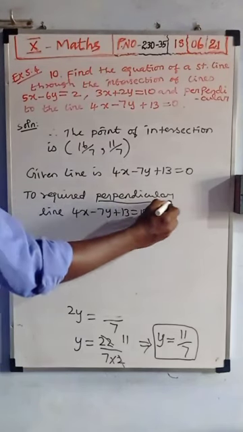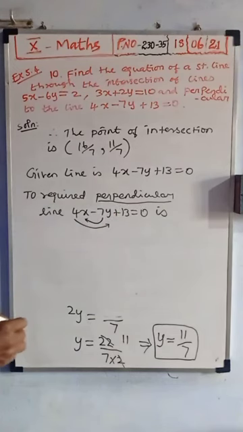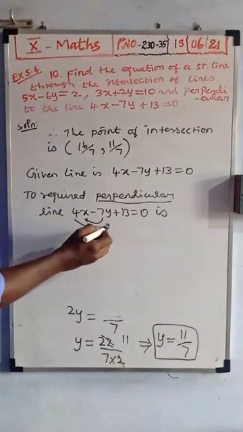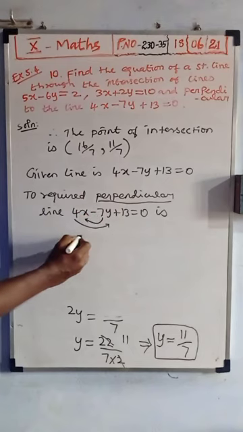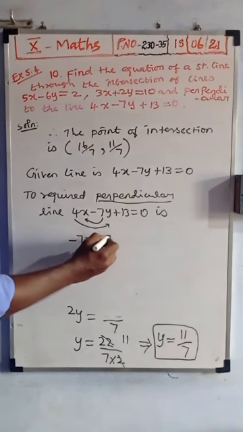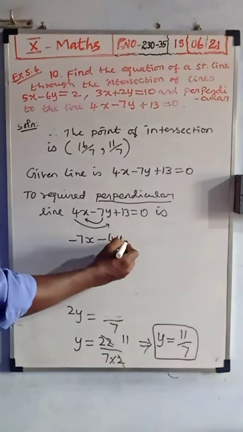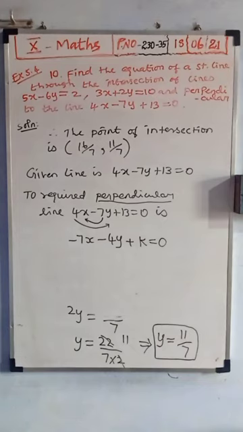How do we find the perpendicular line? You interchange the x coefficient and y coefficient, and change the sign of one of them. Here the y coefficient is minus 7, so minus 7x minus 4y, plus the constant term, k is equal to 0.